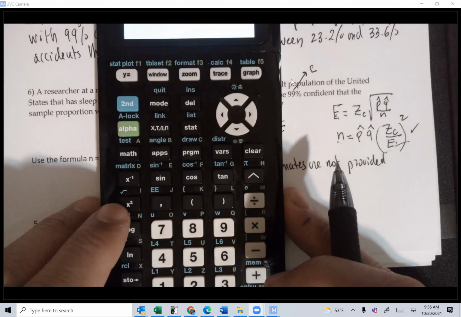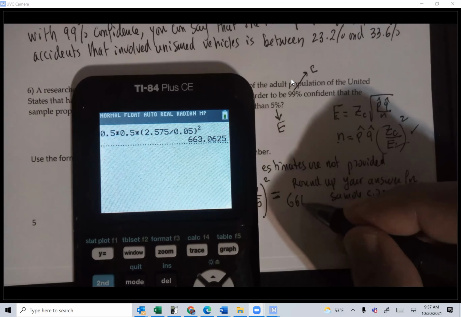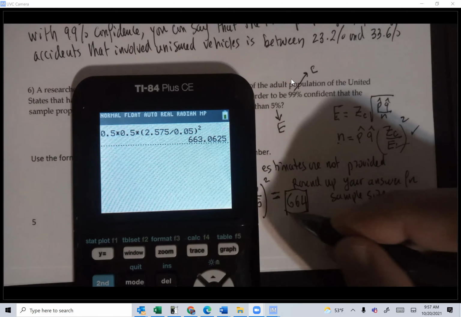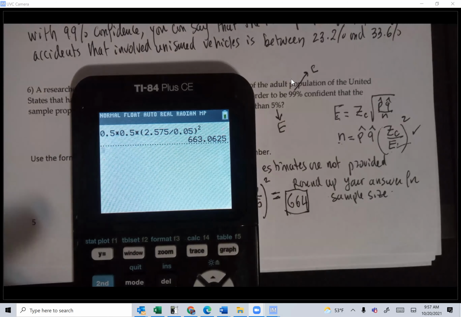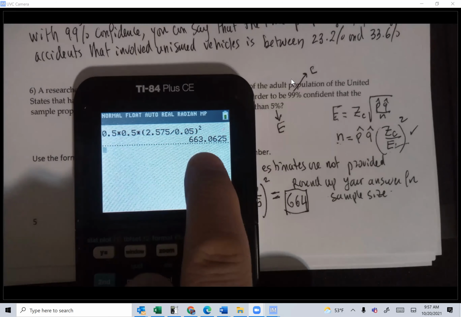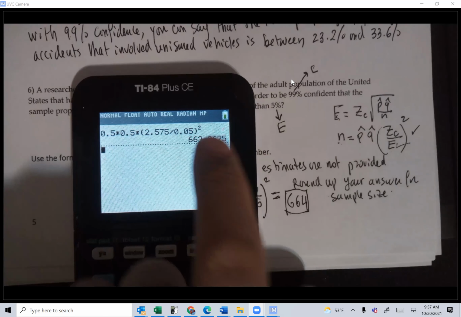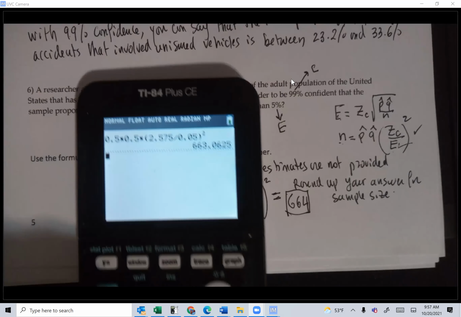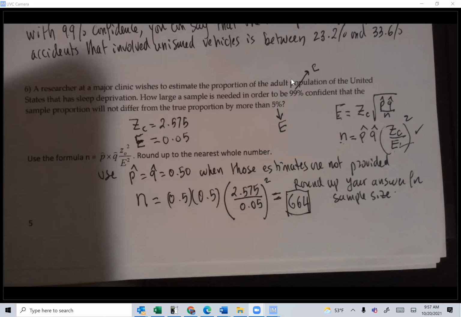This was multiple choice, guys. If you're doing your work online, you should select 664. That's the answer, because I got 663 and something. Even if it is 0.06, guys, you have to round up. And that's the answer. All right.